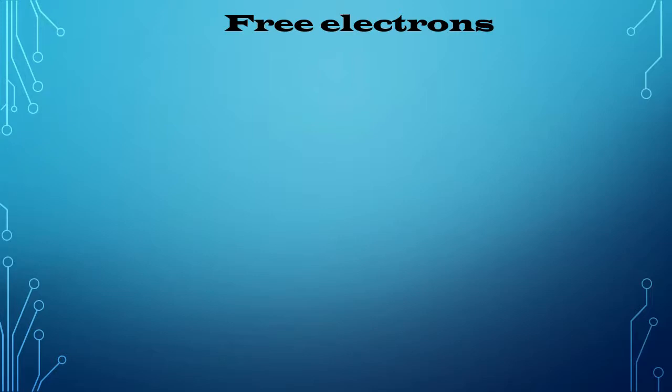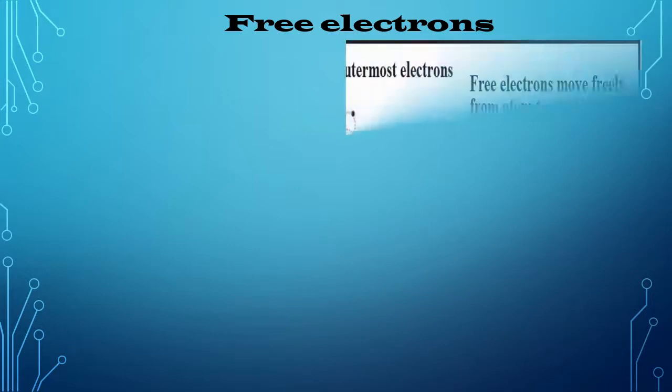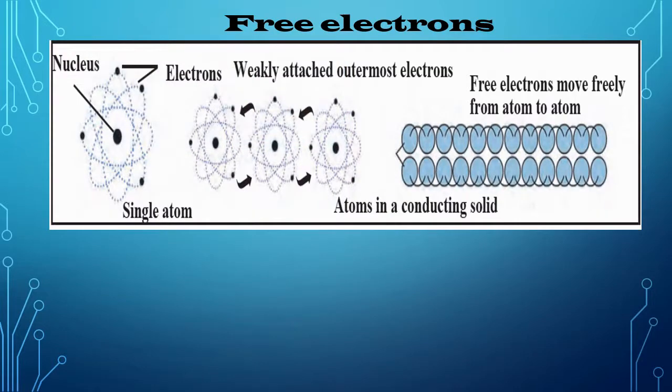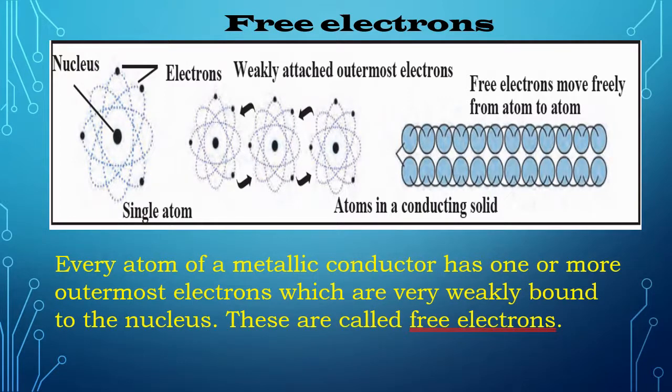We all know that electricity flows due to the conduction of negatively charged electrons. Every atom of a metallic character has one or more outermost electrons, which are very weakly bound to the nucleus. These are called free electrons.